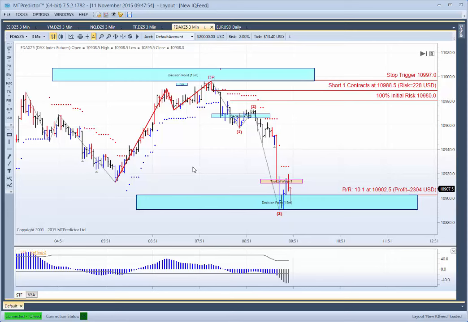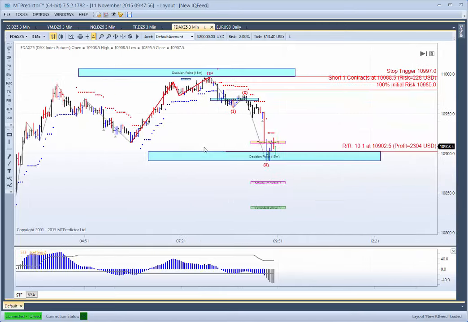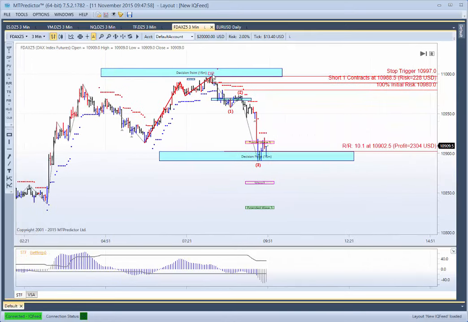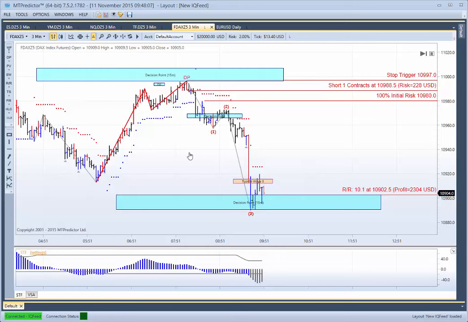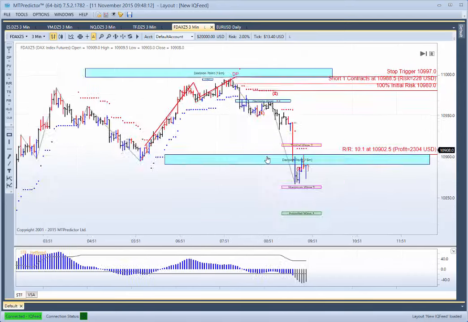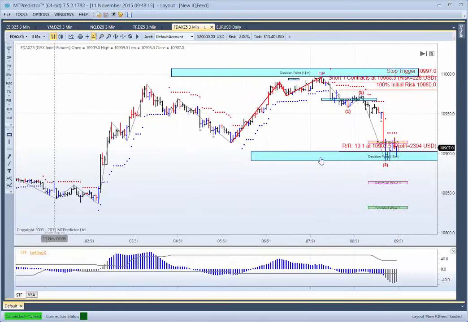This allows you to catch some great trades, and in this example it looks like we've caught a sell setup off the very bar of the high of the day so far on the DAX. So a very nice example of using multi-time frame analysis using MTPredictor on the DAX that's literally just unfolding now, which is on the 11th of November.